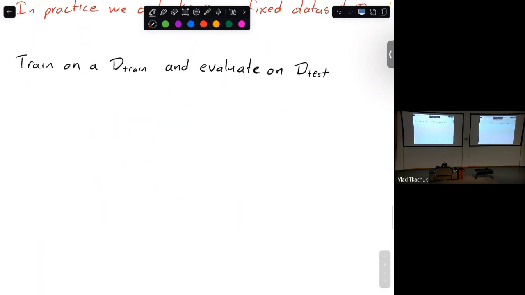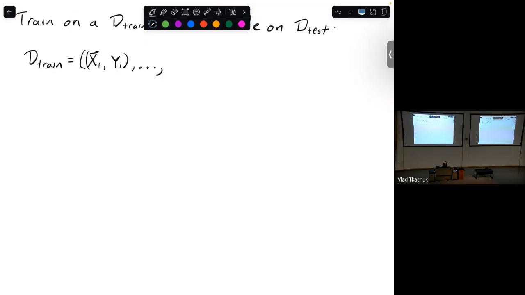So let's formally write down how this is going to work. We're going to split into D-train and D-test, and the data sets are going to look like this. D-train is going to look like the data set we've been seeing up to now, x1, y1 up to, and now instead of xn, yn, let me define a term, which is the size of D-train, the cardinality, the number of data points in D-train.